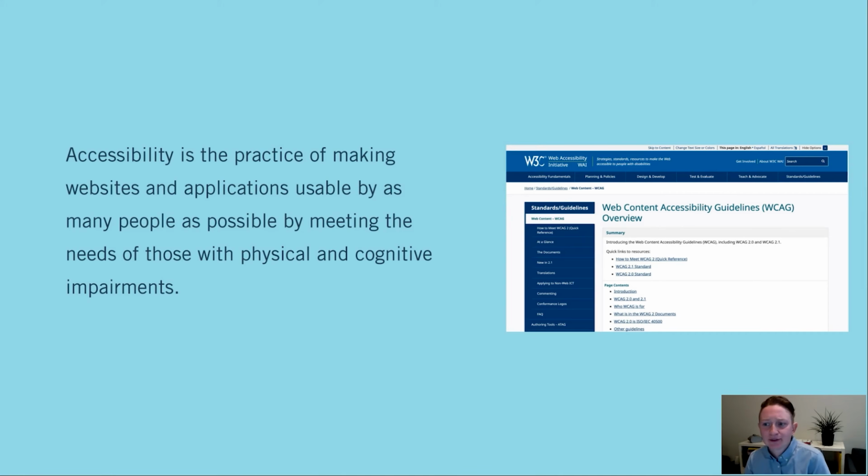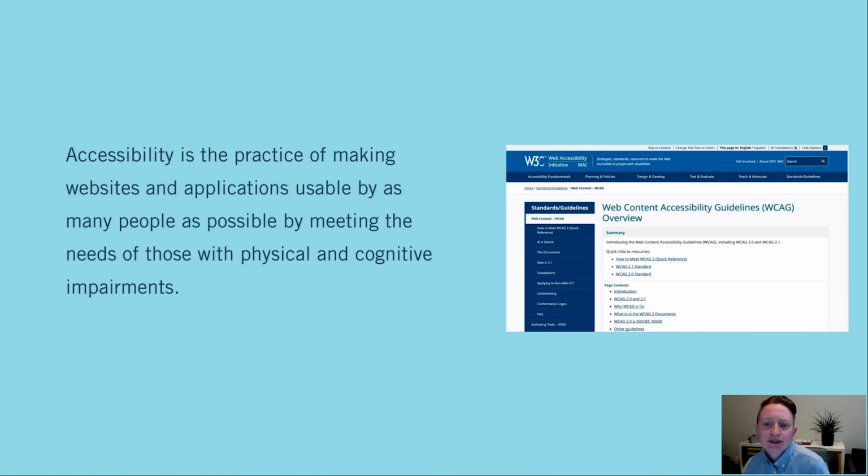One that I suggest that you check out if you're interested in the topic are the Web Content Accessibility Guidelines, WCAG for friends. You can find them on this website, w3.org/WAI, Web Accessibility Initiative is the name of the initiative.